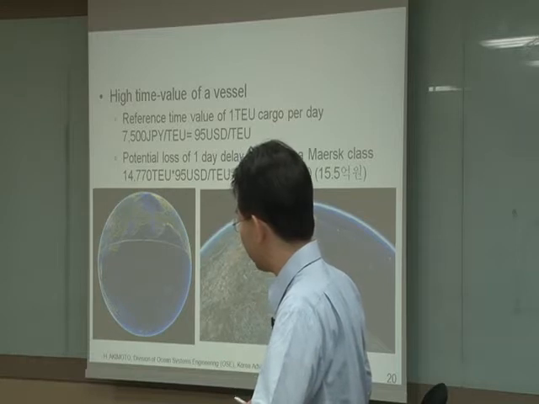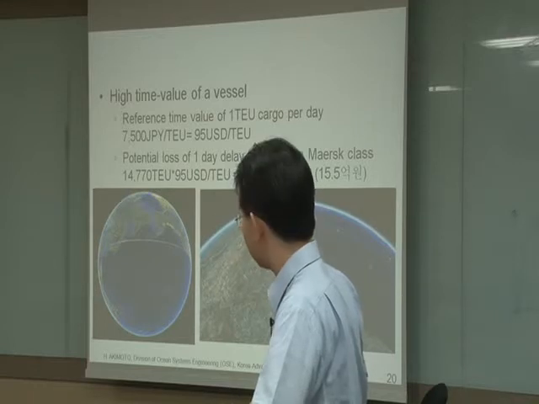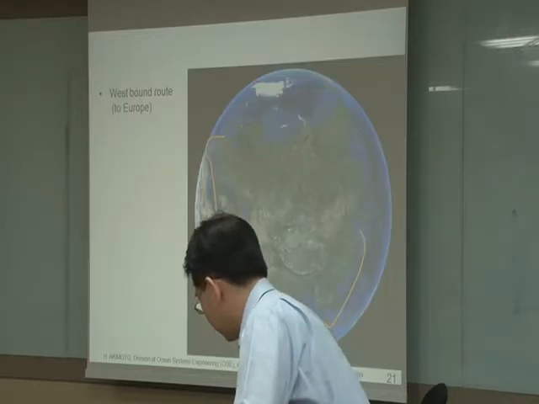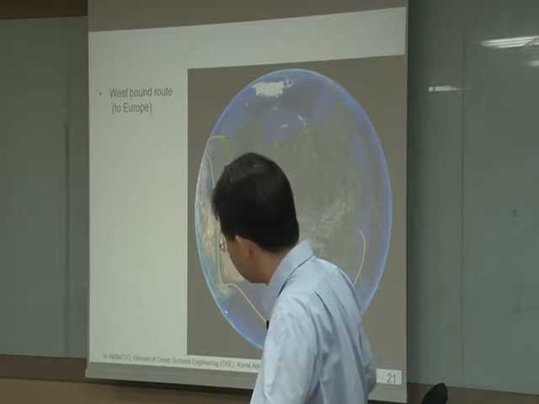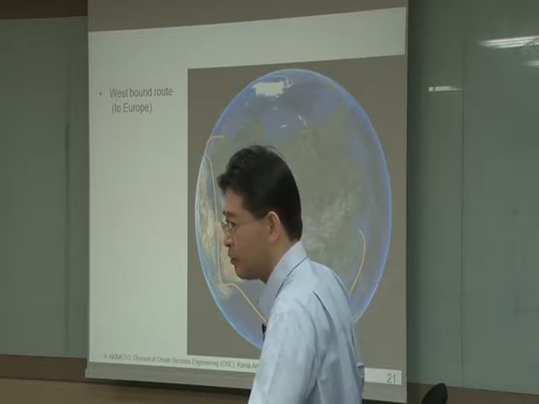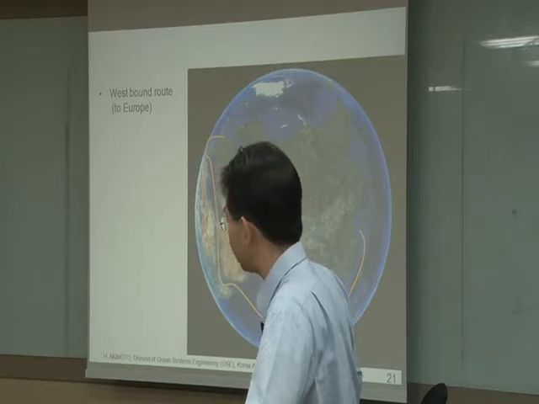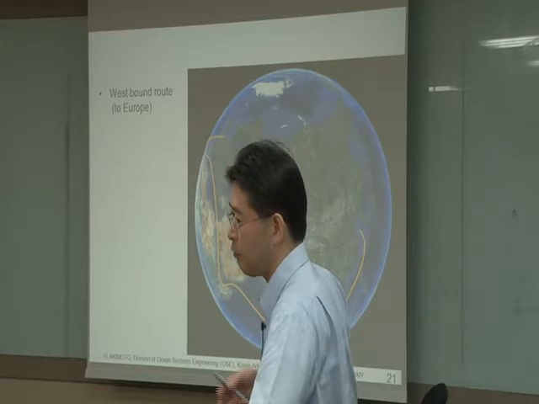A ship larger than the Suez Canal might be possible, but it is not efficient because the sea state at the lower end of Africa is very severe. So usually we consider it is not efficient economically.